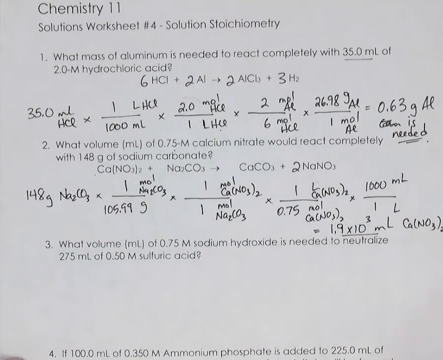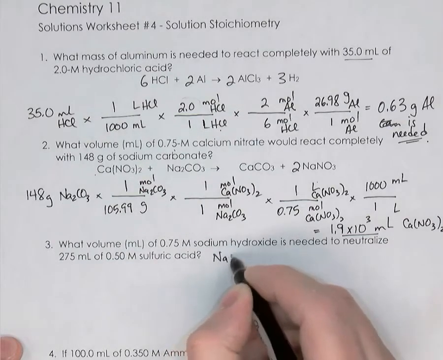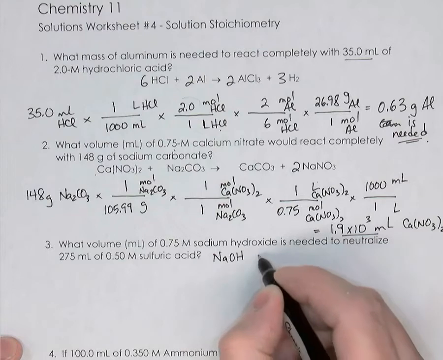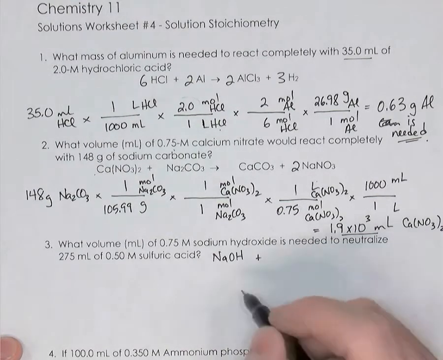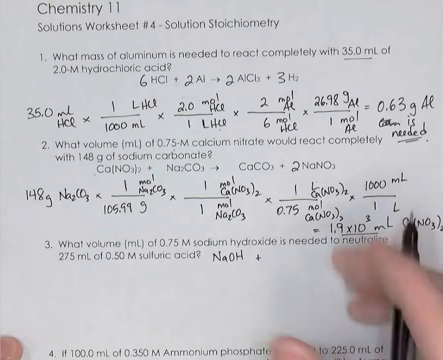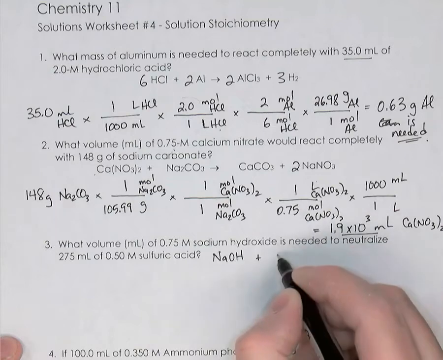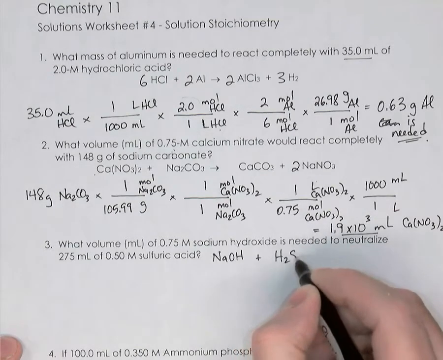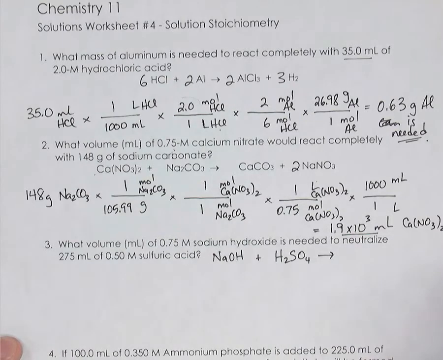So we need to write the balanced equation since it wasn't given to us at all here. Sodium hydroxide is NaOH. You might need to use your data booklet to refresh yourself on the charges and the formulas of the ions involved. Sulfuric acid would be H2SO4, and this looks to me like a double replacement reaction.